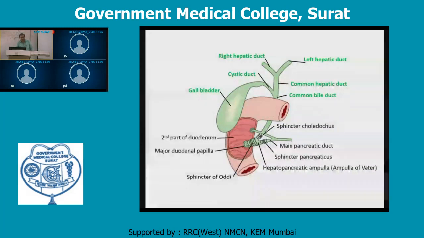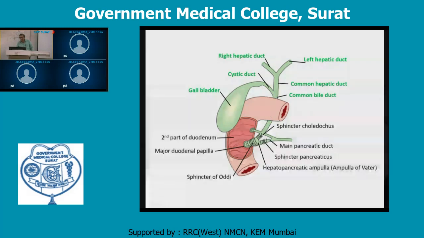This common bile duct ultimately transports the bile to the second part of the duodenum. So this is the extrahepatic part of the biliary apparatus: the common hepatic duct, then the gallbladder, cystic duct, and common bile duct.